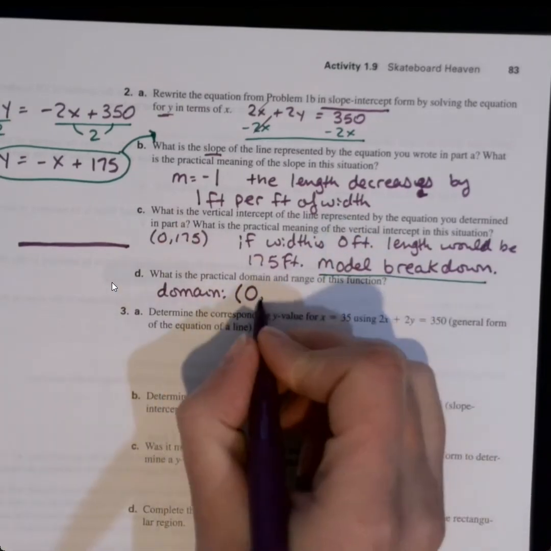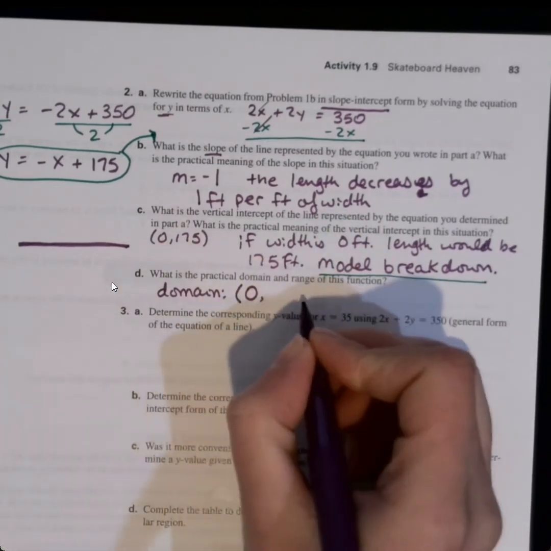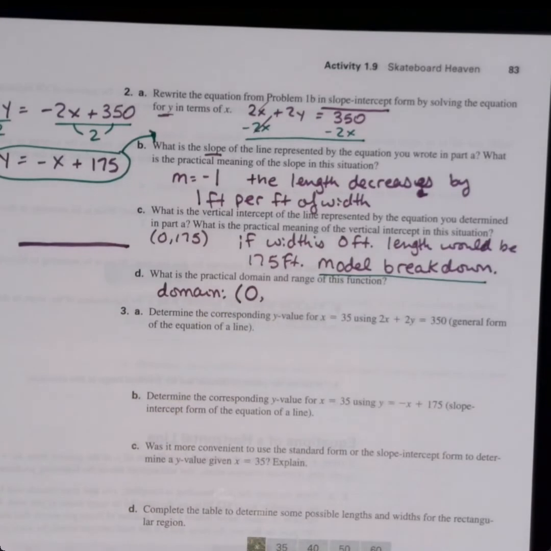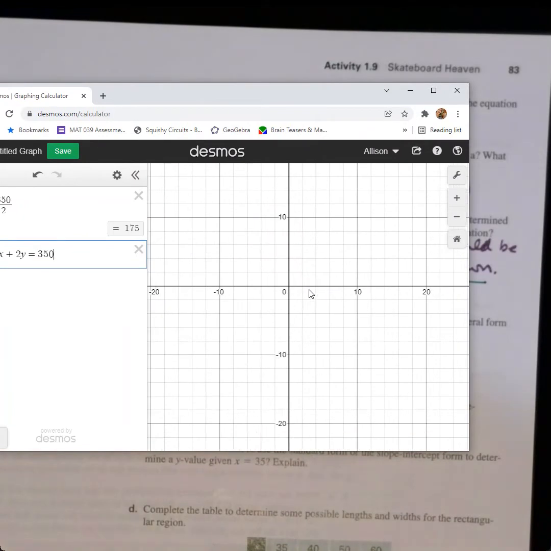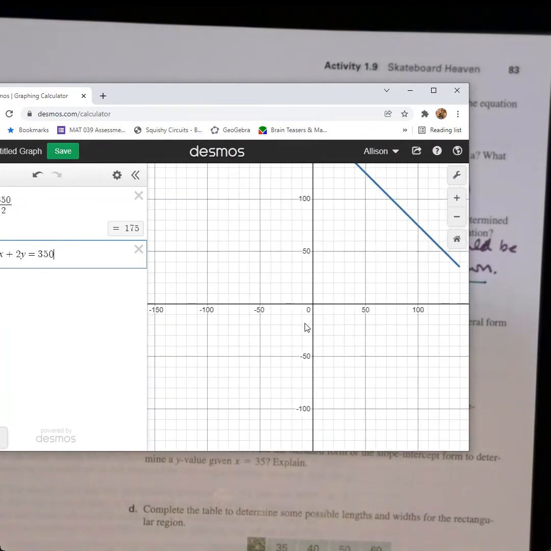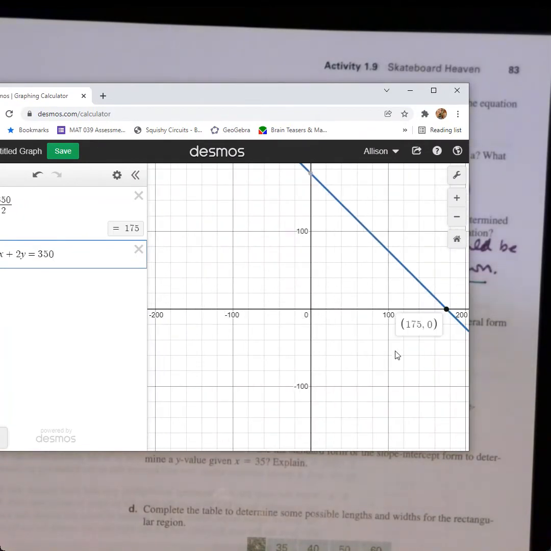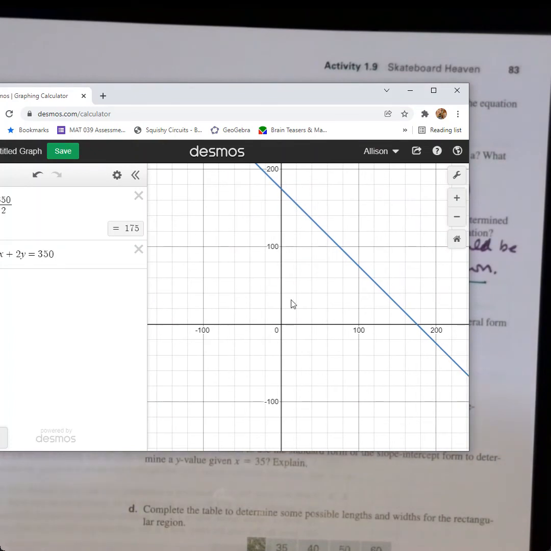And then I need to figure out what the largest is. One of the ways to do that quickly is to graph the original function and zoom out quite a ways to find out where the graph touches the x-axis. So values between 0 and 175 would be potentially feasible for the input.